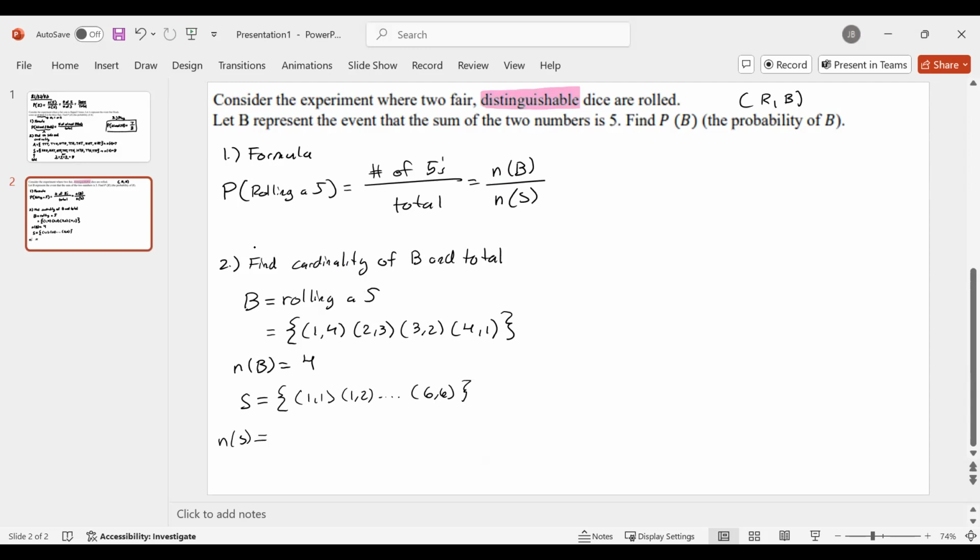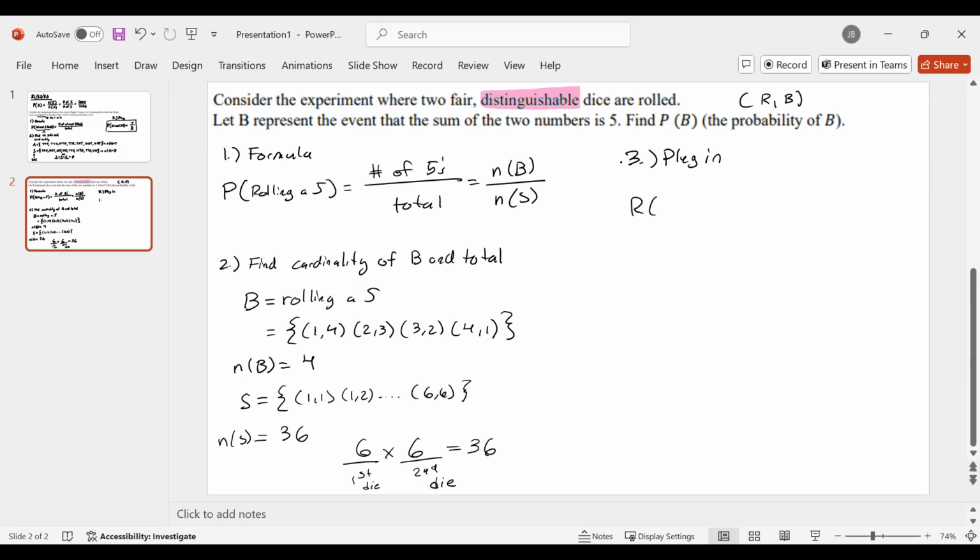So the cardinality of rolling 2 dice is always 36. And again, the more proper way of saying this is I have 2 dice, I have six options for each, and then 36. So first die, and then second die, like that. Any questions on that?